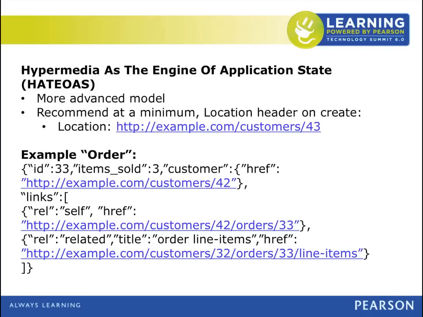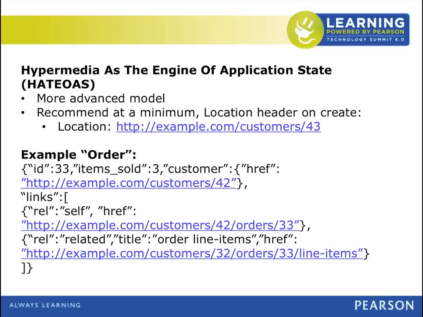Those two are optional. So here we have an order 33. This is how we got it. So this is a relationship to itself. And then we have some line items, evidently, that are related. And this is how we would retrieve the line items for this order.